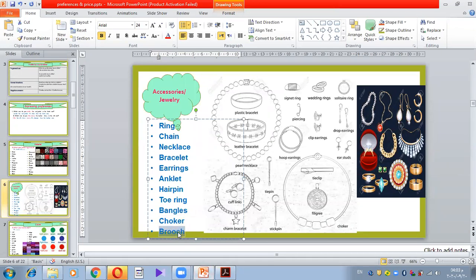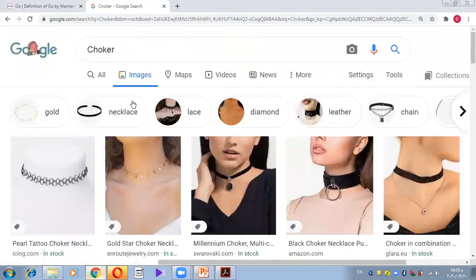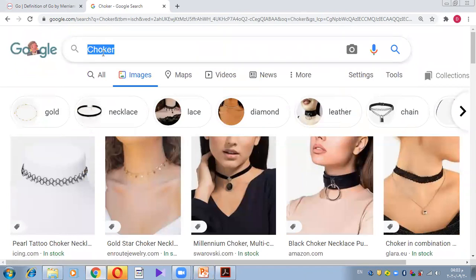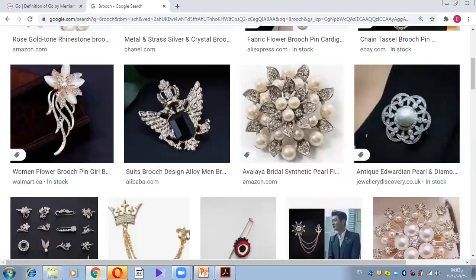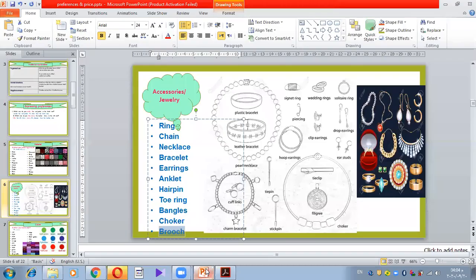And the last word that we have, brooch. Could be for men and women according to preference. It could be even for the groom's suit.